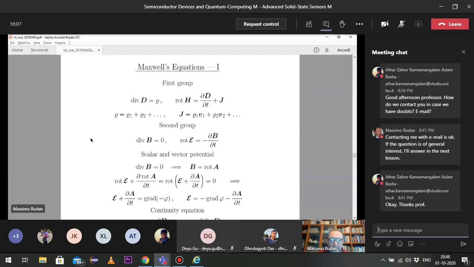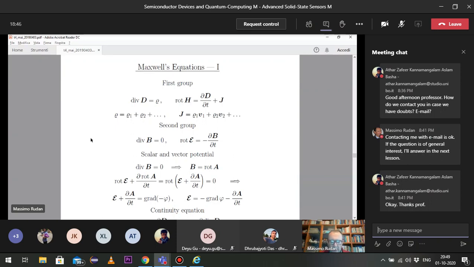At this point, one can express B in the second equation of the second group as a function of A. So if you look at the next line, you see that the second equation of the second group becomes rotational of E plus derivative with respect to time of the rotational of A. If you collect the rotational operator, you find that the rotational of E plus the time derivative of A is 0.